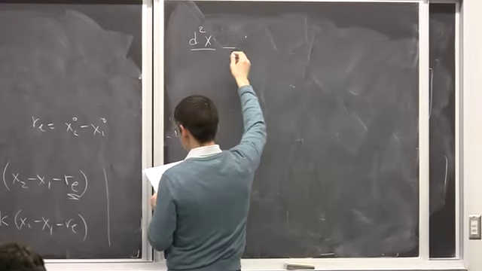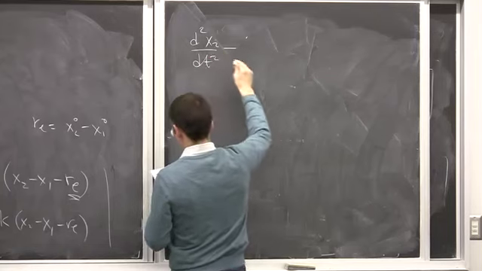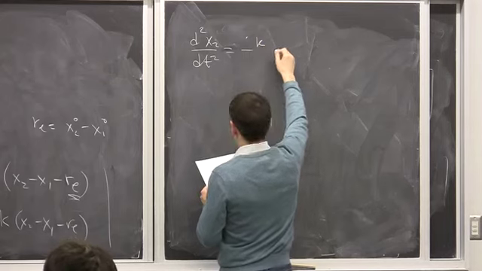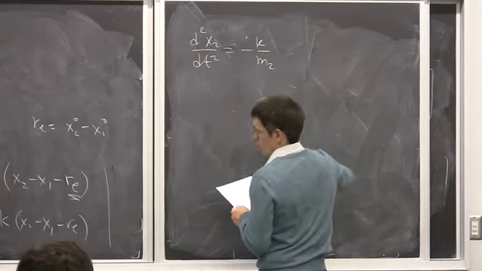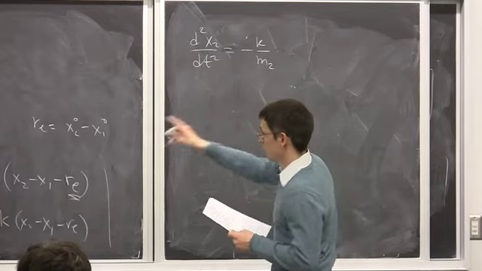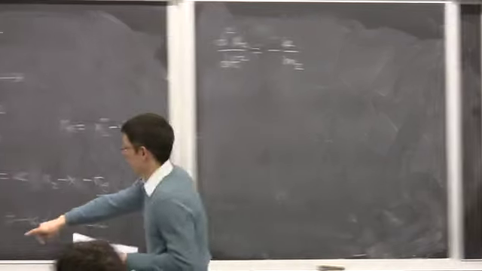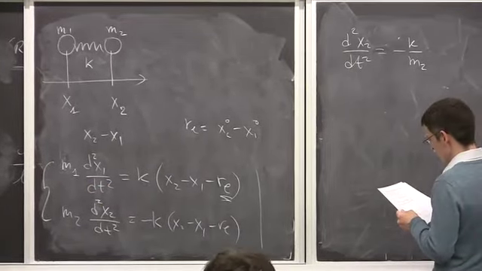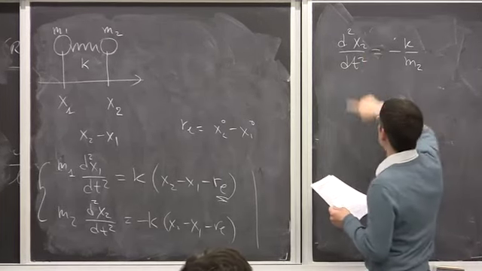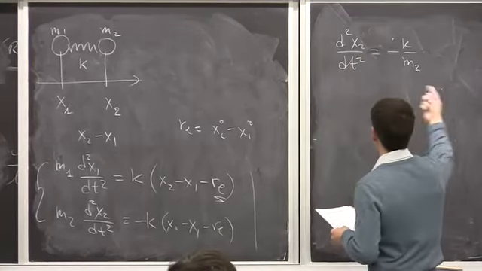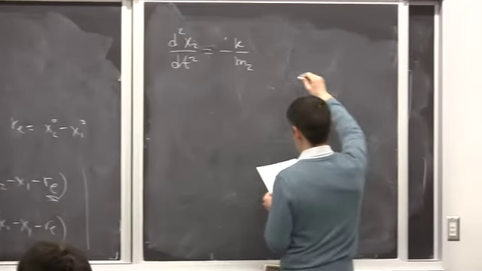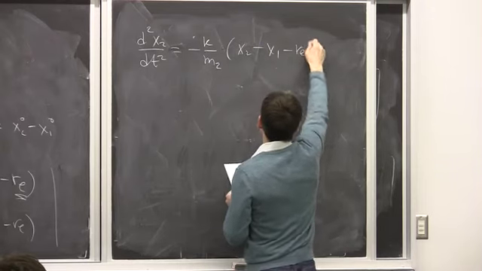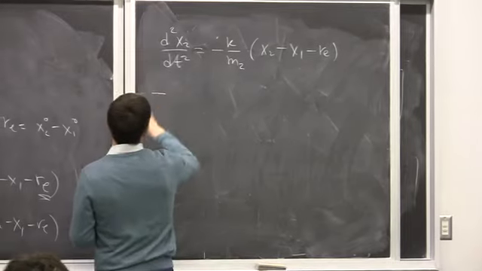So what we do here is we take the masses, divide the right hand side, and then we subtract x2 from x1. That's the kind of internal variable that we're interested in.